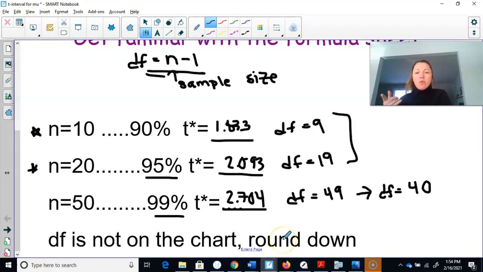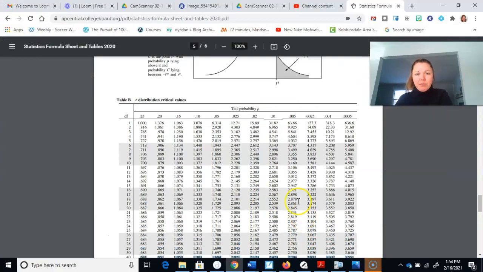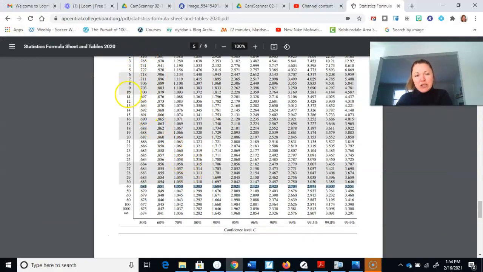Finally, I want you to notice one more thing. As we increase our degrees of freedom, so that's essentially as we're increasing our sample size, what do you notice? Look at our degrees of freedom of 1,000 compared to infinity, which is our Z star. As we increase our sample size, our T distribution approaches the Z distribution.